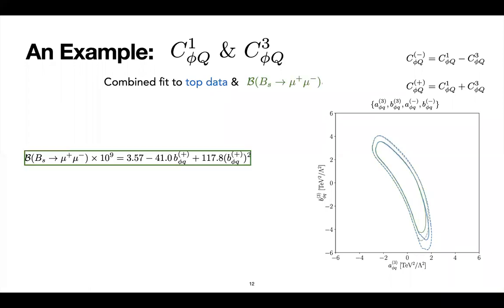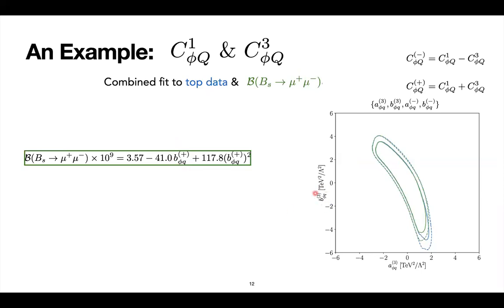Now, if you include Bs to mu mu, something quite surprising happens, namely not much. And the reason for that will become very apparent on the next slide. But just as a hint, it's the fact that we are only sensitive to the B plus combination in Bs to mu mu.